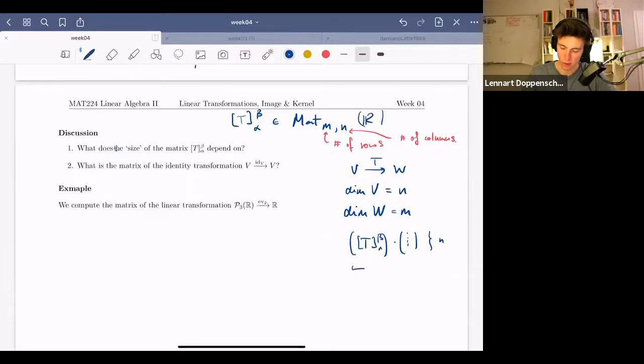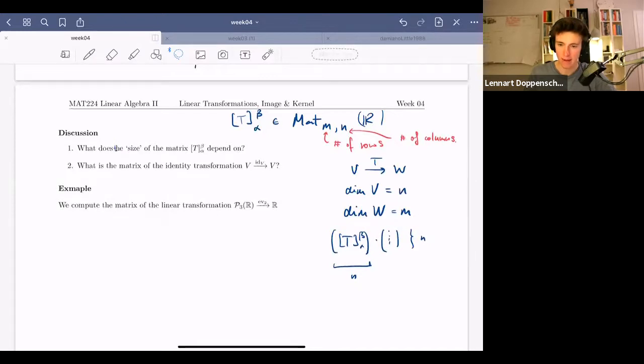So this size has to be n as well, so that the multiplication is well defined, and the resulting vector of an m cross n matrix times an n vector is going to be a vector of size m.